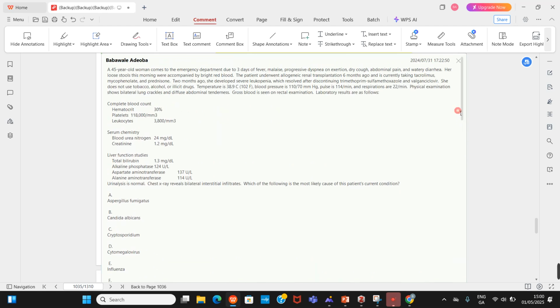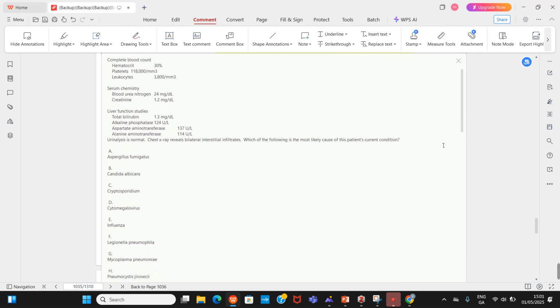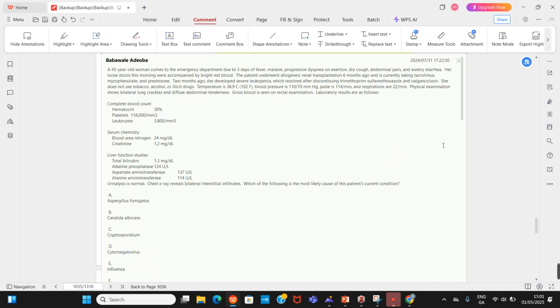So, which one are we picking? These are the answers. So this person is having dyspnea on exertion, fever, dry cough, abdominal pain, and watery diarrhea. Now, the diarrhea became bright red this morning, and she had received a renal transplant before.